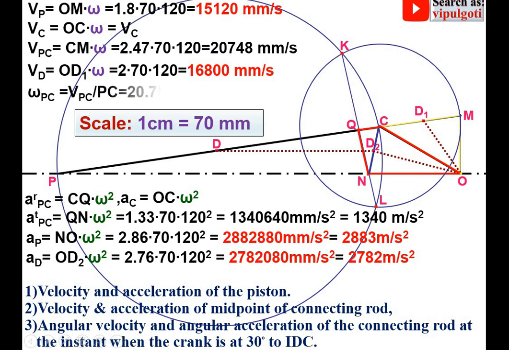Now next, as you know that V is equal to R omega, so you can say omega is equal to V by R, where R is the length of the connecting rod. So already we got the value of velocity of connecting rod, that is 20748 mm per second. So I have put it over here in meter per second divided by length of connecting rod, and it is given to you in your description the length of connecting rod as 700 mm, so it is 0.7 meter.